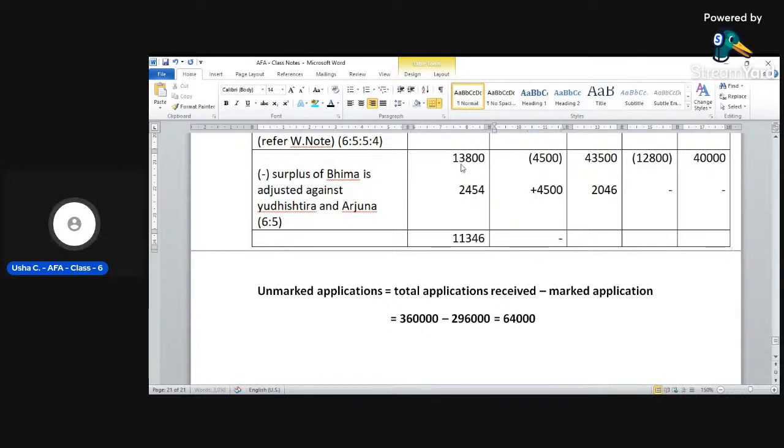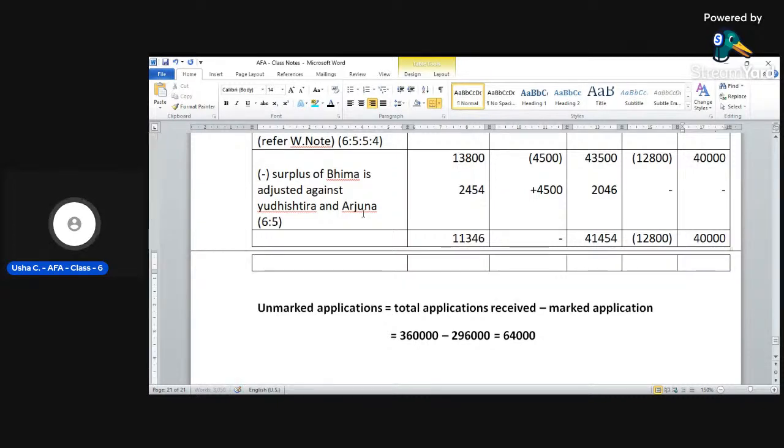Then it is nil. Then 43,500 minus 2,046 is 41,454. And there is a difference value of minus 12,800, and your total should be 40,000.